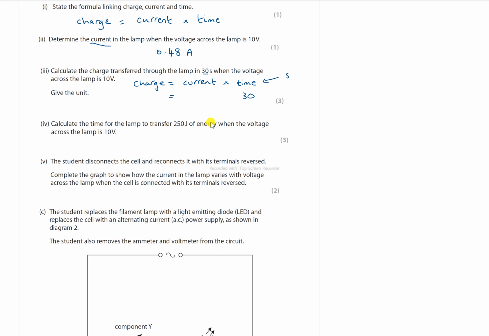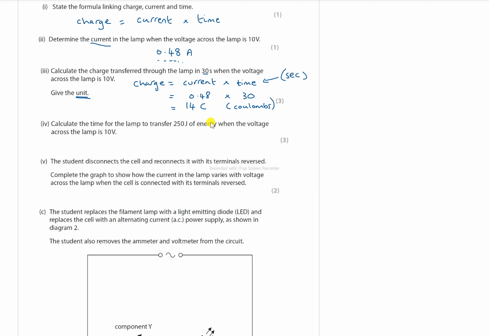Time has to be in seconds, not minutes. Just bear that in mind. Current, we've just worked out as 0.48, and you've got 14, and they've said give the unit, so that'll give you a mark, so it's coulombs. C. Yeah, coulombs.